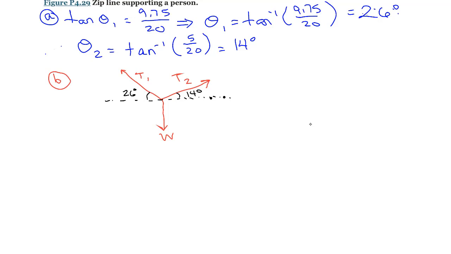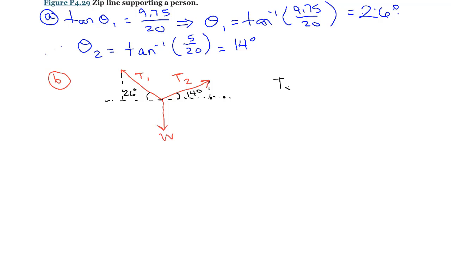Now we want to find the X values and the Y values for T1, T2, and W. And what I have to do is break each one of those into its component form. Remember, these are triangles. I know that I can now break this up into X and Y values. Let's do T1 first.